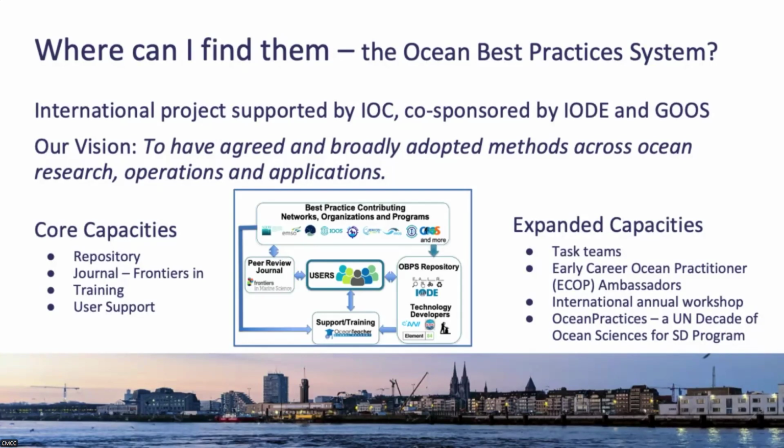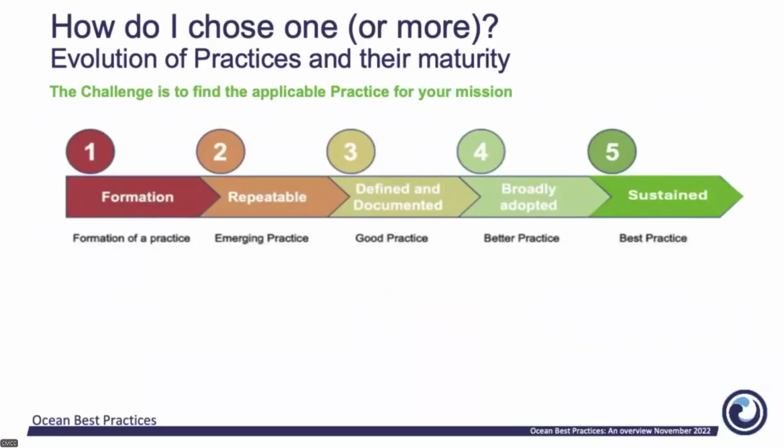And what you have is a basic structure which shows a user-centric approach, contributions of many practices from different international organizations, a repository, and training support. And so that's where you can find best practices and where you can share them and also gain colleagues.